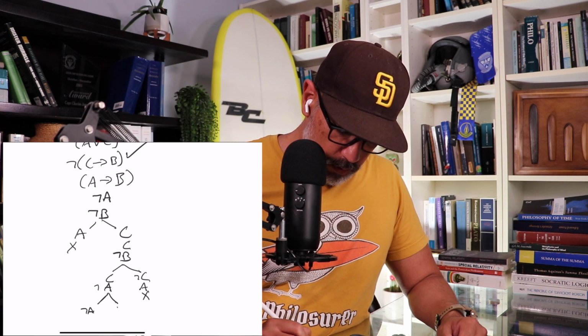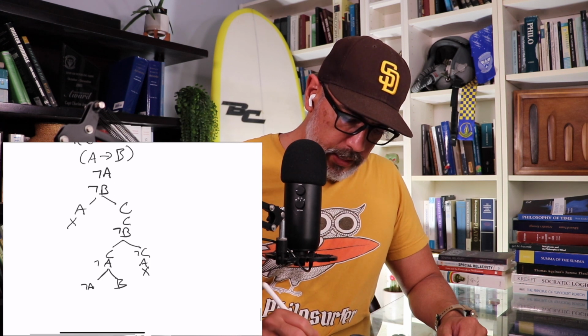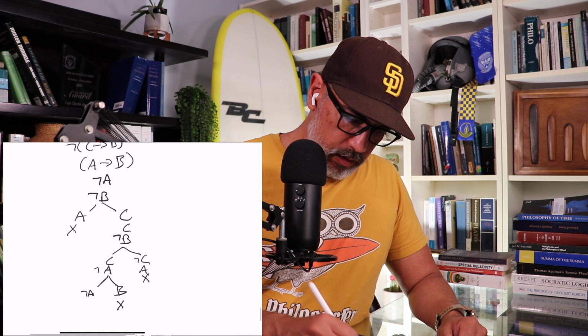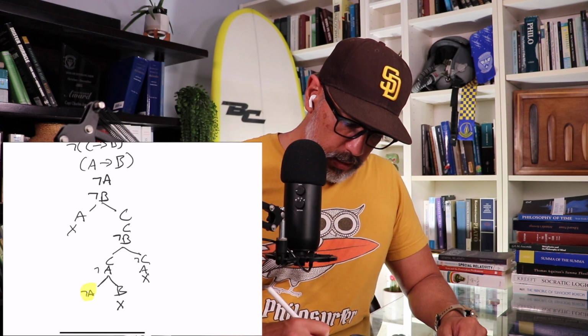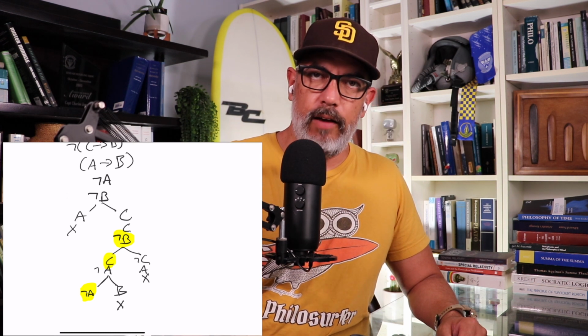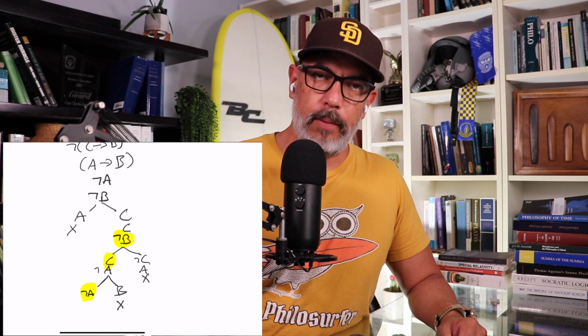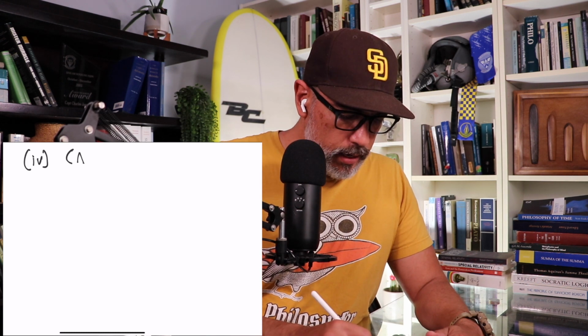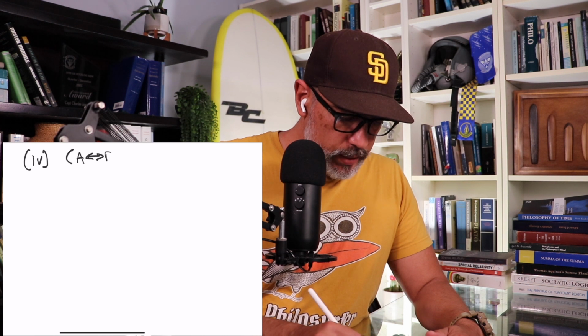Not A, B. The not B and the B close out, but it looks like we have an open branch. So it's when A is false, B is false, and C is true, then we have all the propositions true at the same time.